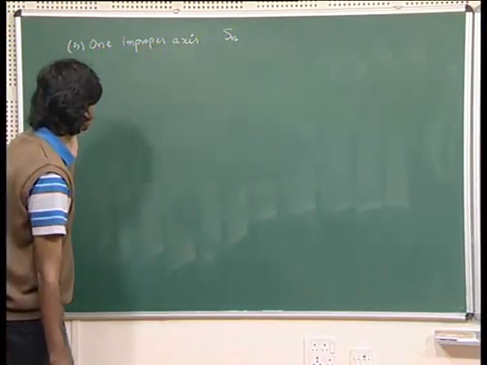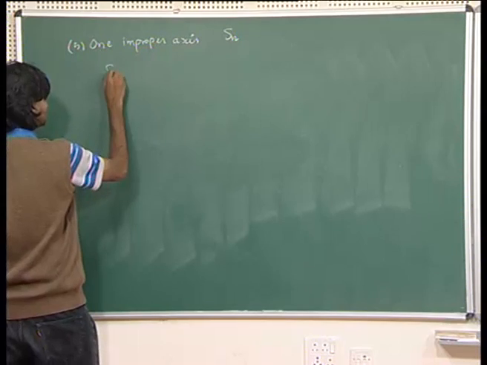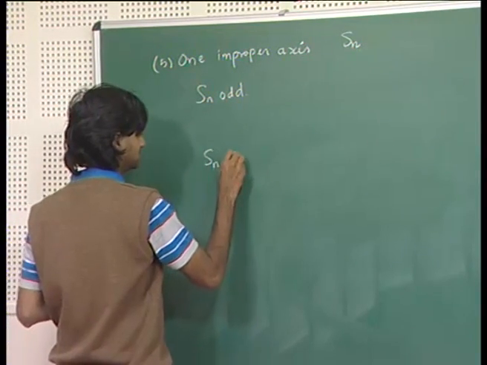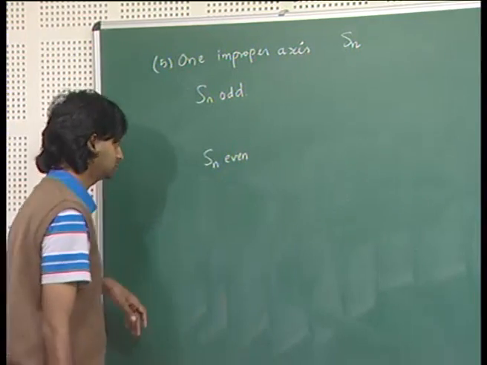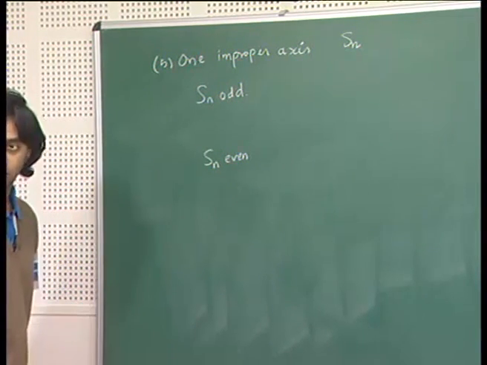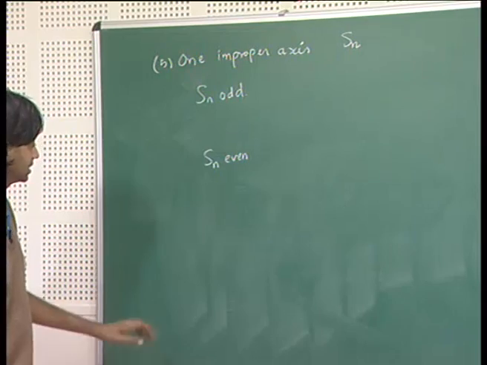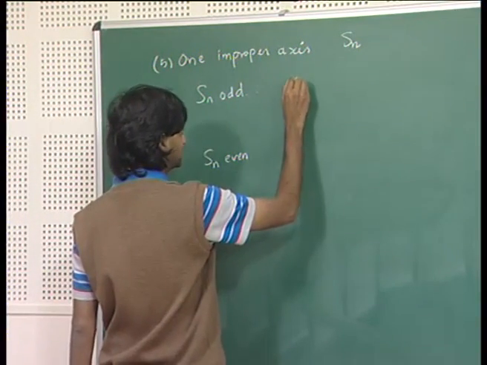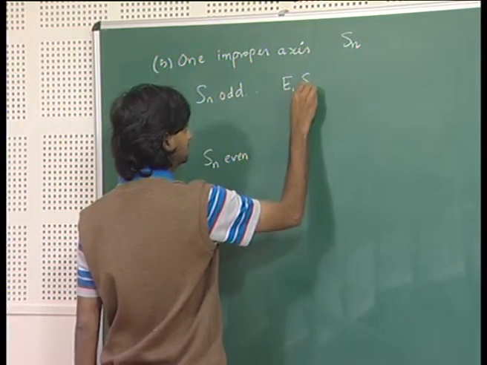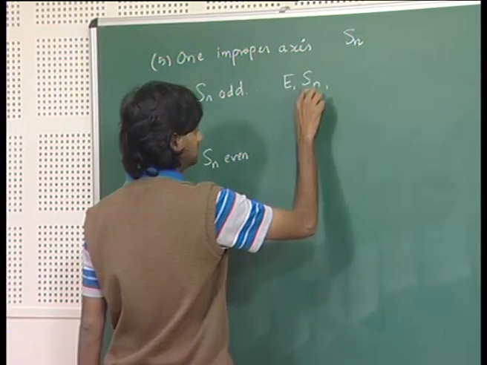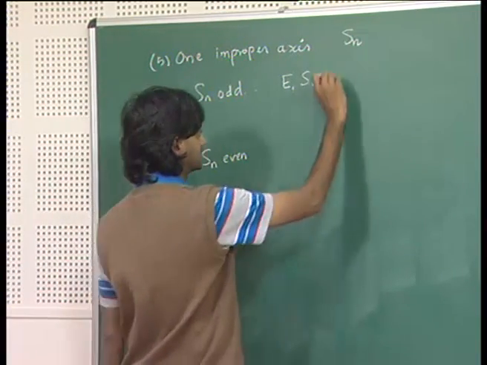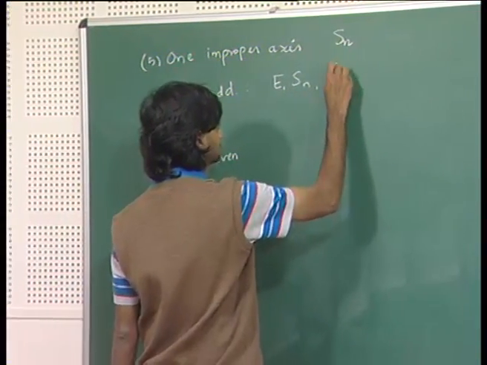Now, two cases, first case is Sn odd and the second case is Sn even. If Sn is odd, then the operations are E, Sn, then you have Sn square. Sn square is same as Cn square.